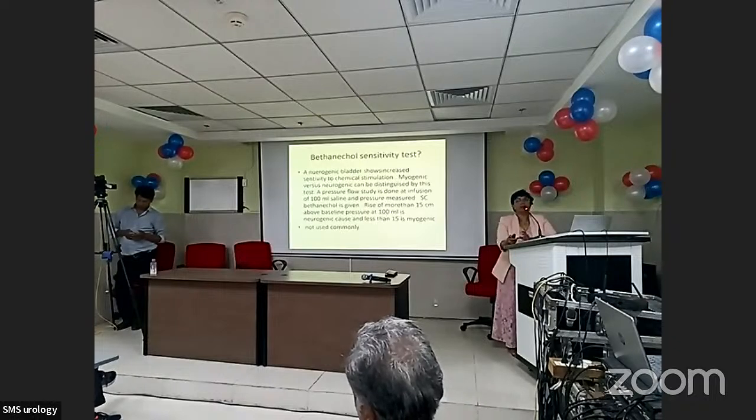Now this is another test which is sometimes asked in exams but not done, the Bethanechol sensitivity test. Bethanechol hydrochloride can be injected in a dose of 2.5 milligrams subcutaneously. The theory behind this is that if the patient has a neurogenic cause for detrusor dysfunction, if he has something in his nervous system which is accounting for his detrusor dysfunction, the bladder will overreact.